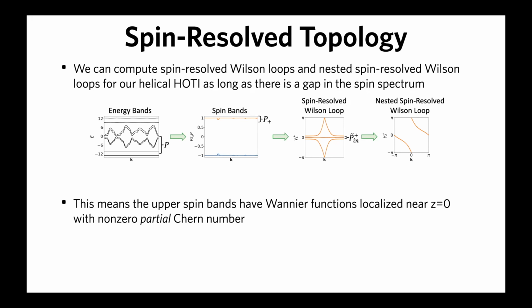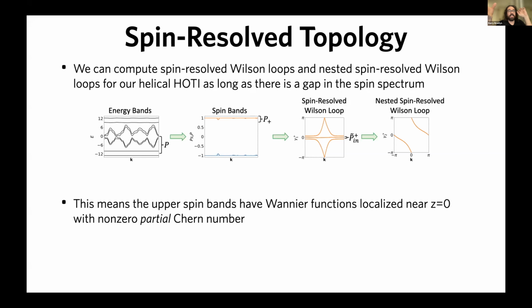I see. A while ago, people introduced a formulation of these spin Chern numbers or partial Chern numbers using spin twisted boundary conditions.